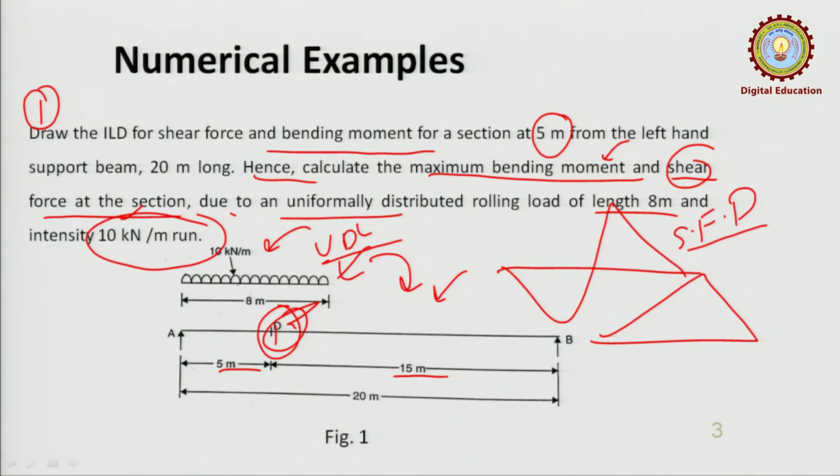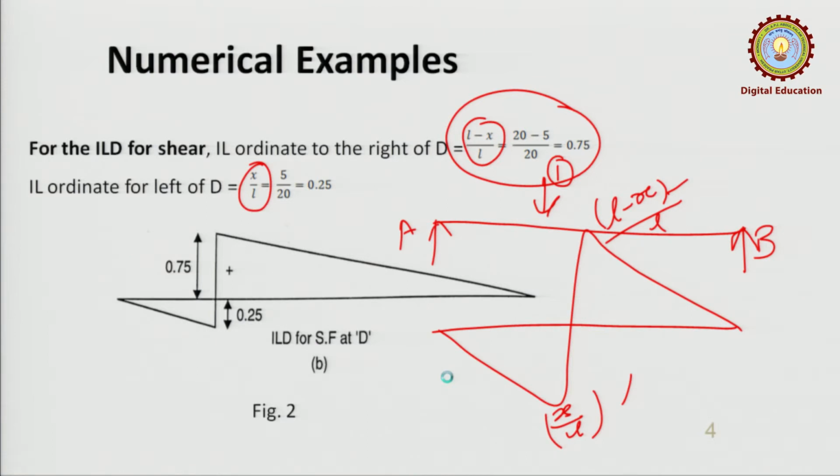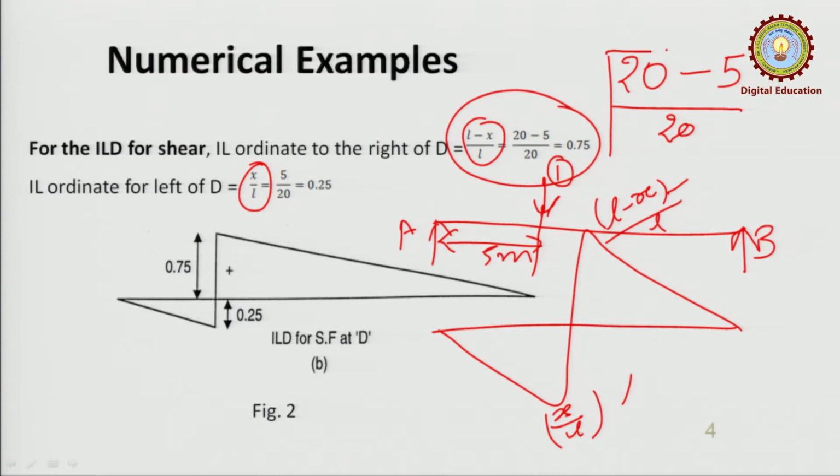The span length is given as 20 meter, and the section is 5 meter, that means x equal to 5 meter. The value coming here is 0.75.